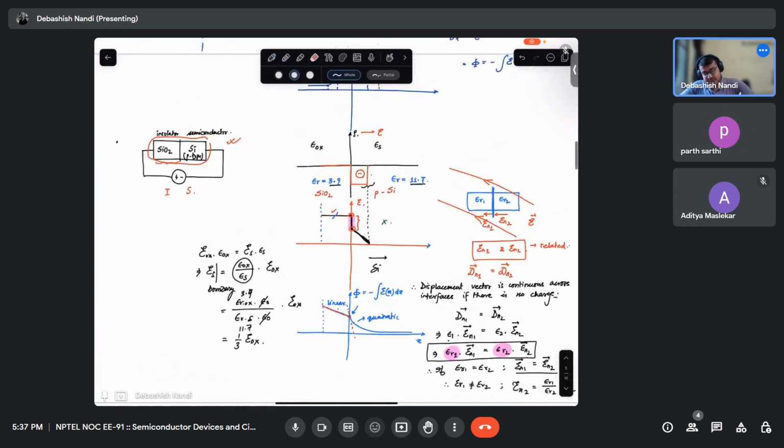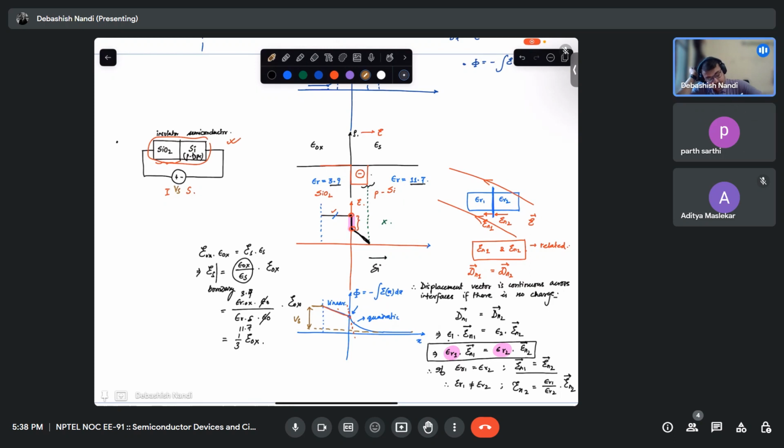Let's go back to this diagram, right? So what was my total potential drop? This was my total potential drop, right? If this is your Vs, then this would be your Vs. Yes, sir.